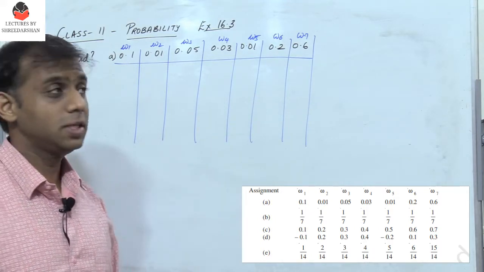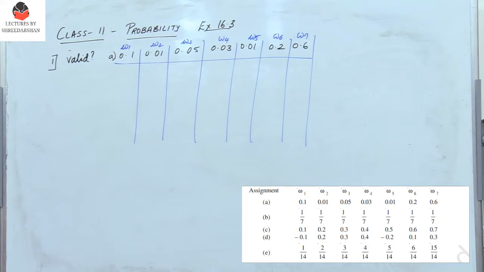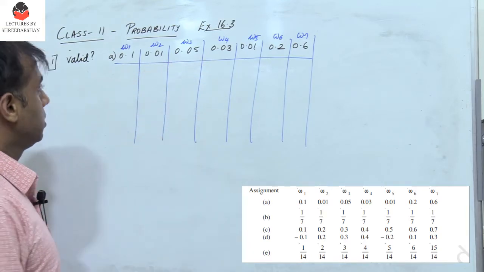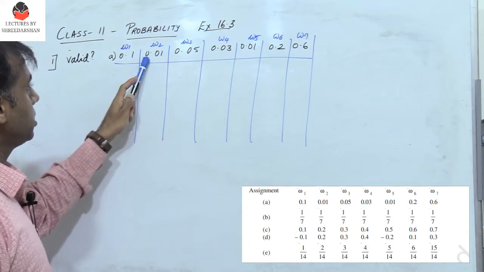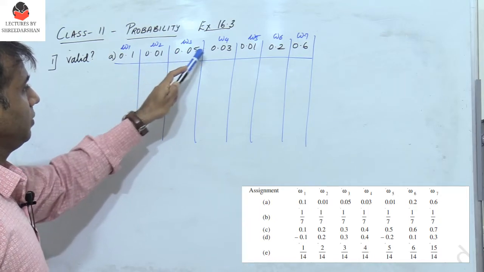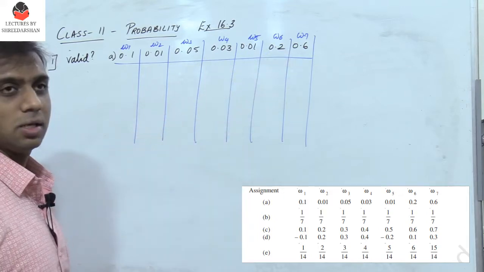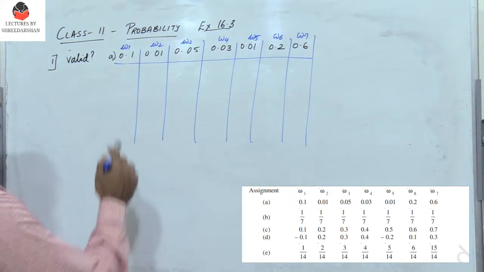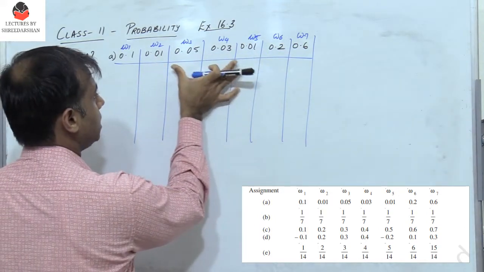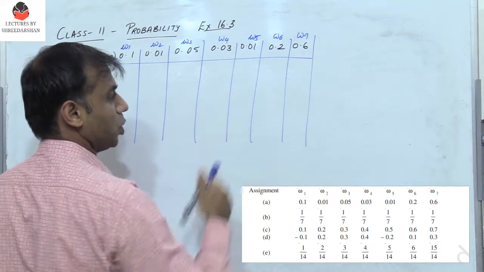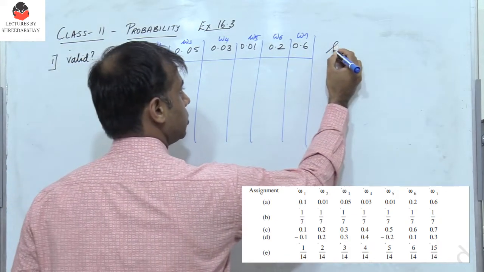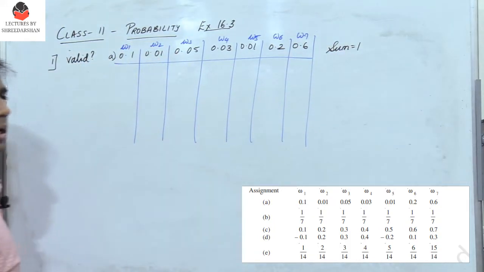So to check if this is a valid probability assignment, add up all of them: 0.1 plus 0.01 plus 0.05 plus 0.03 plus 0.01 plus 0.2 plus 0.6. You add up these 4, you get 0.1, and this is 0.8. So the sum is equal to 1. So therefore this is a valid probability assignment.